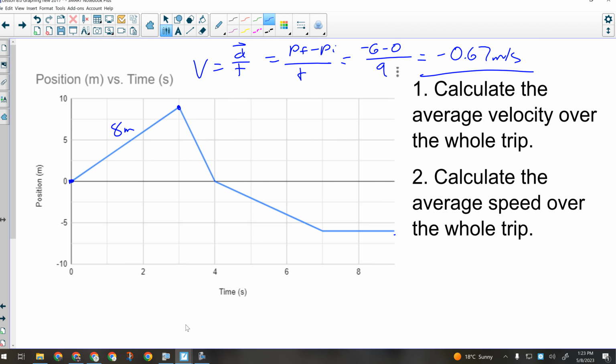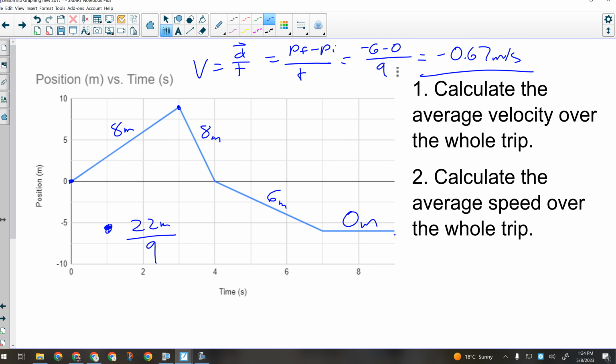Then we go from 8 back to 0, another 8 meters. Then we go from 0 to -6, so that's 6 meters. Then we don't move, so that one is just 0. So 16 plus 6 is a total of 22 meters. Because it's scalar, I don't need the negative on there.